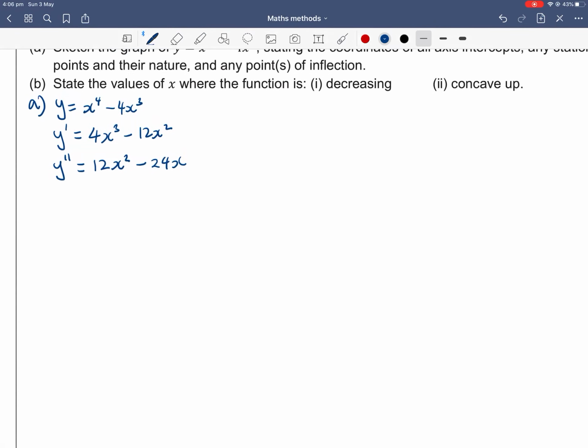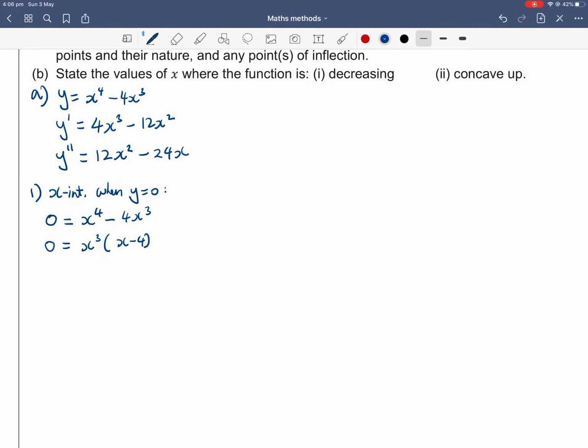So we're going to go through our 6-step process. So step 1, find your intercepts. So x-intercepts when y equals 0. Back to your original function, 0 equals x to the 4 minus 4x cubed. Let's factorize x cubed out, so we get x minus 4 left over.